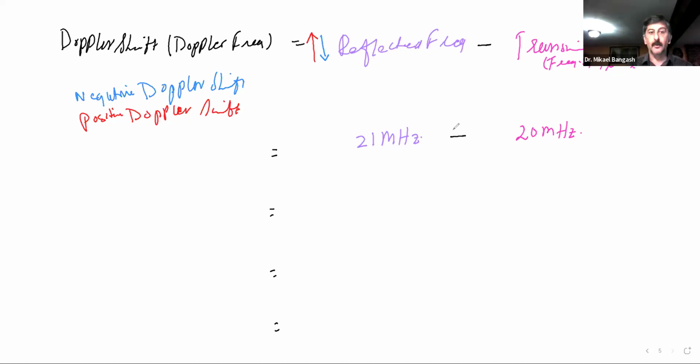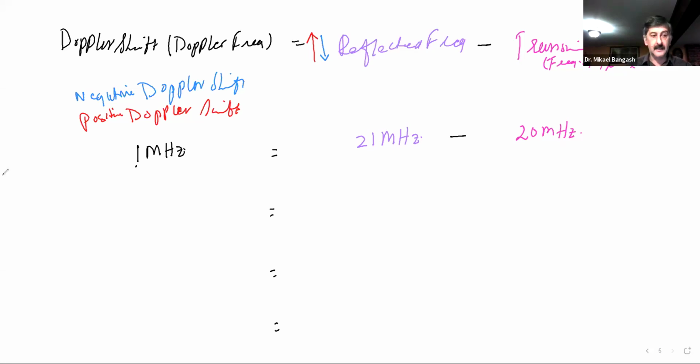Now when we subtract these, what we got was the Doppler frequency, which was 1 megahertz, because the difference between these two was 1 megahertz.